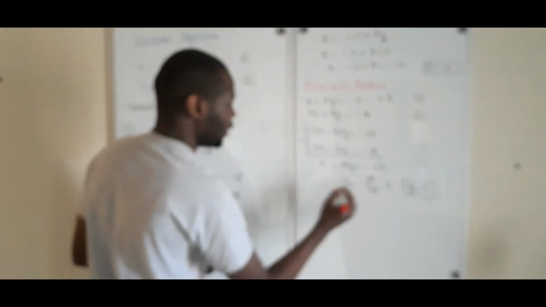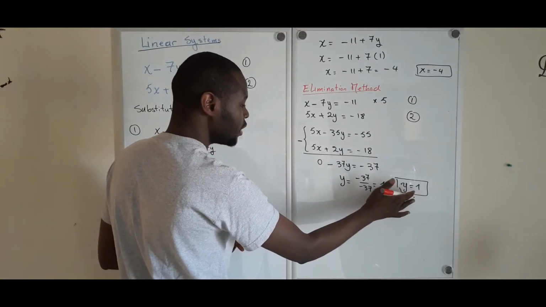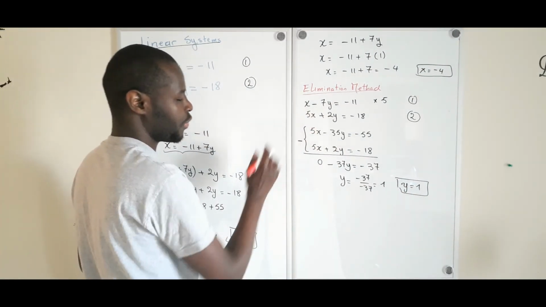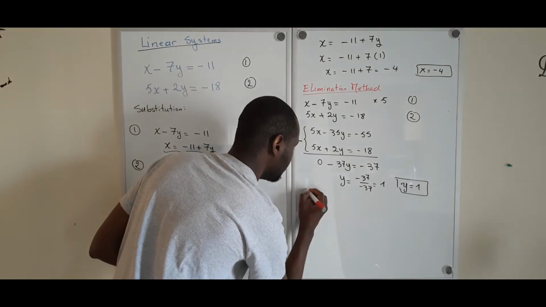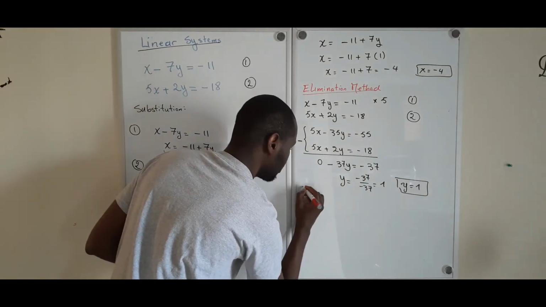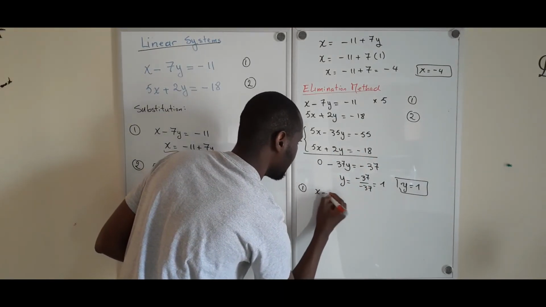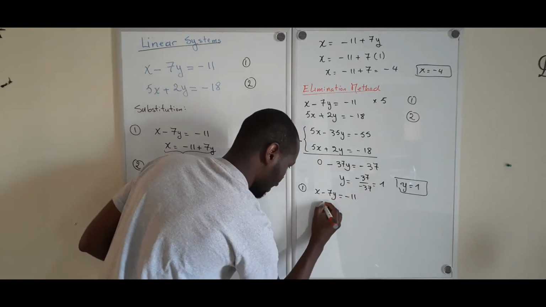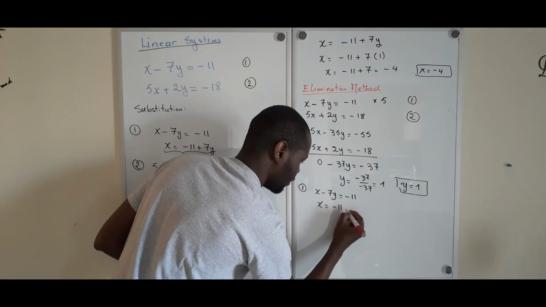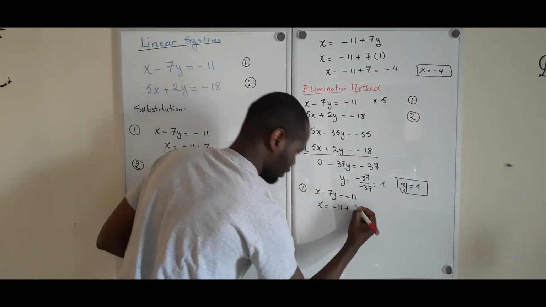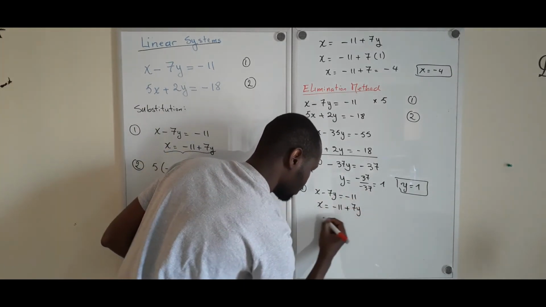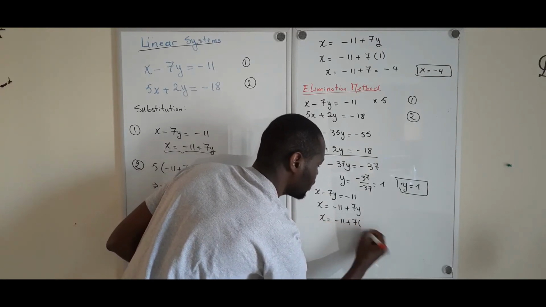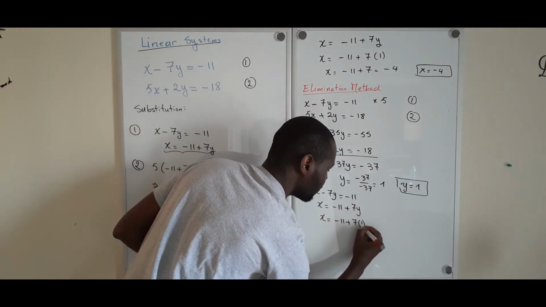Now that I have the value of y, I can use any of these two equations to find x. So I will go ahead and use the first equation here. The first equation was x minus 7y equals negative 11. So x equals negative 11, and 7y on the other side of the equation is plus 7y. So x equals negative 11 plus 7. What is y? We just found it to be 1.